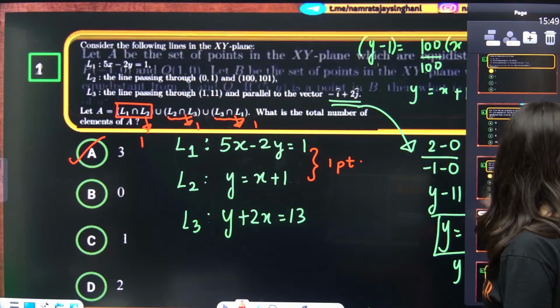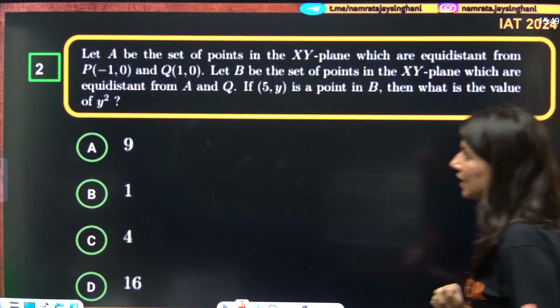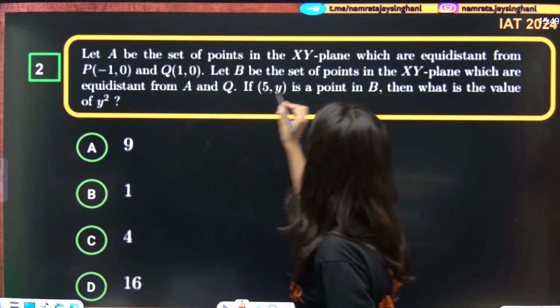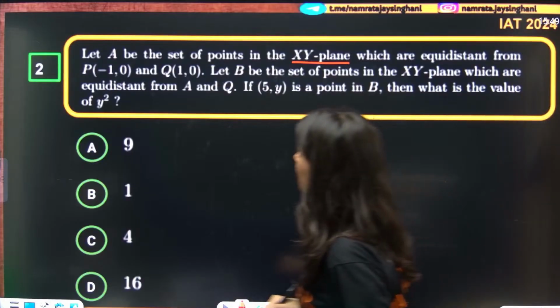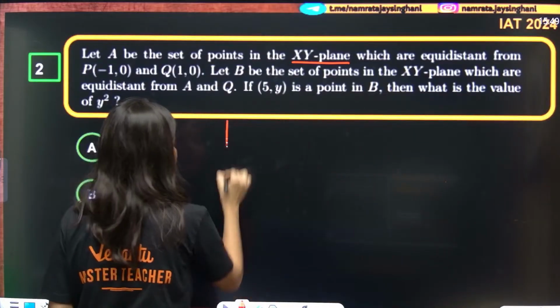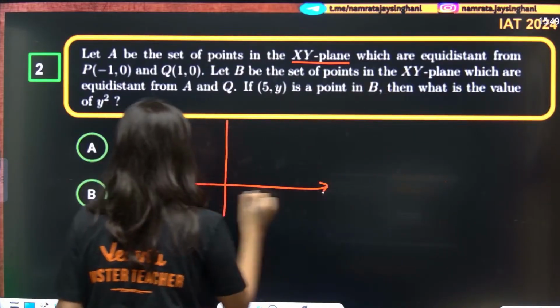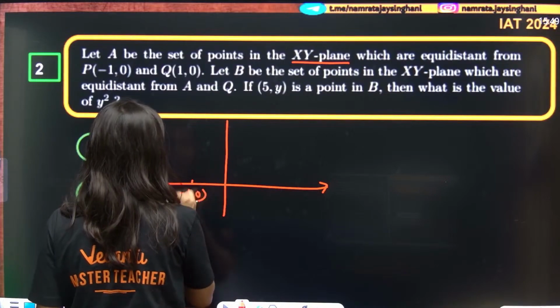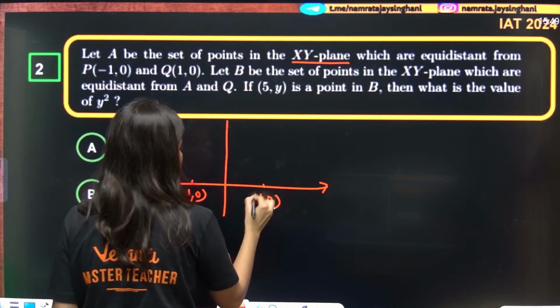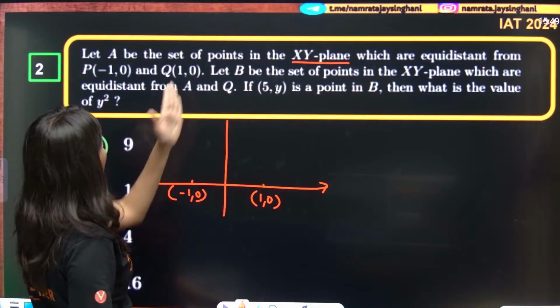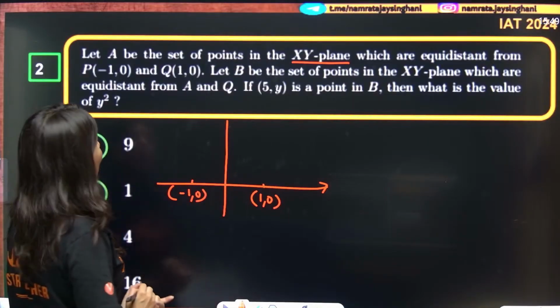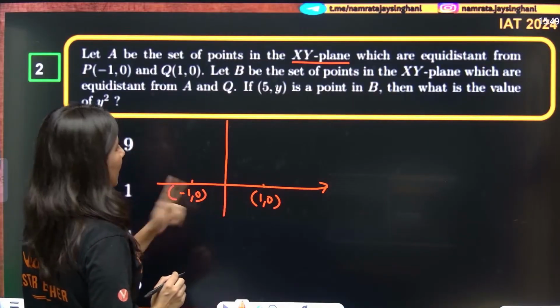Now the next question. Let A be the set of points in the xy plane which are equidistant from (-1, 0) and (1, 0). Let's understand this. So this is P at (-1, 0) and this is Q at (1, 0). Can anybody tell me what is that particular set of points from which P and Q are equidistant?